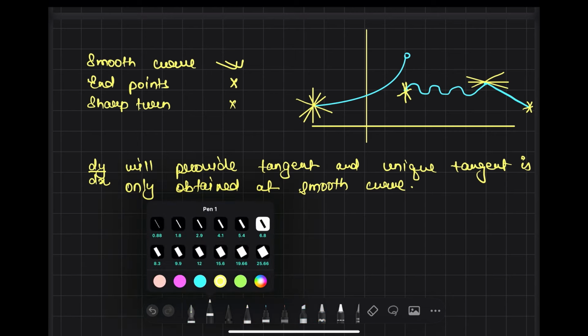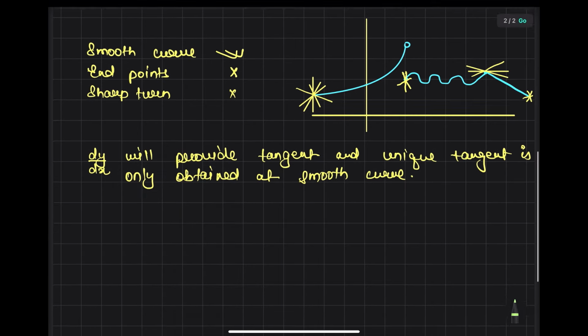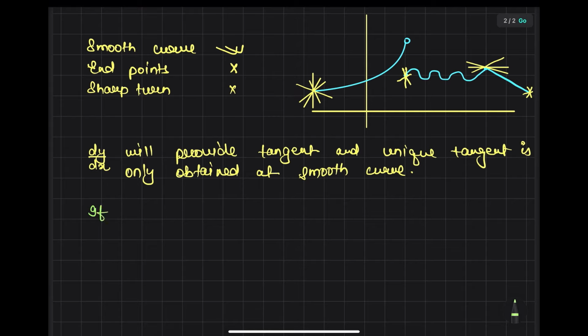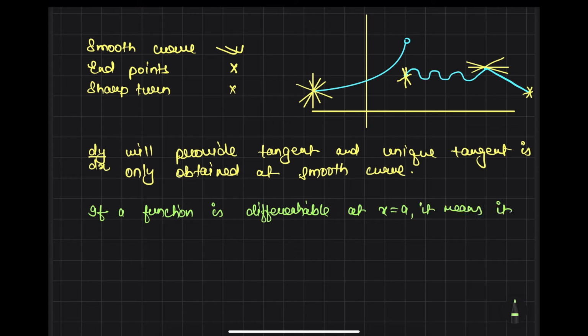Okay, then now this idea is super important. Suppose that I am telling you, if a function is differentiable at x equals a, it means it is continuous at x equals a, but vice versa is not true.